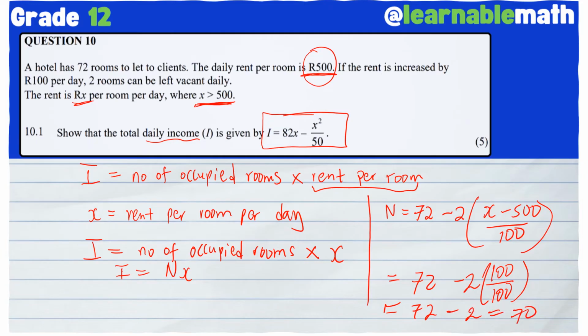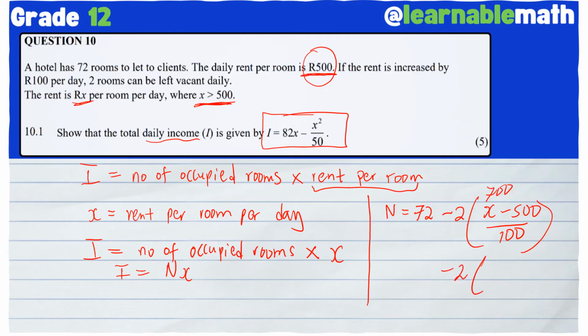If you increase to, let's say, 700, it will be 72 minus 200 over 100, then 72 minus 2 times 2. When you increase by 200, 4 rooms will be vacant. As you can see in this expression, it will be 72 minus 4, meaning the expression is correct.